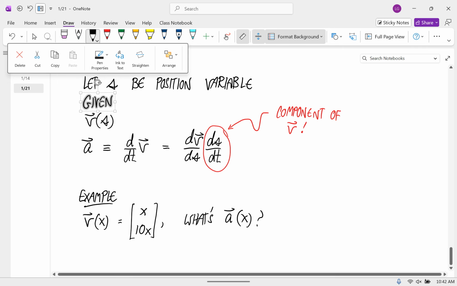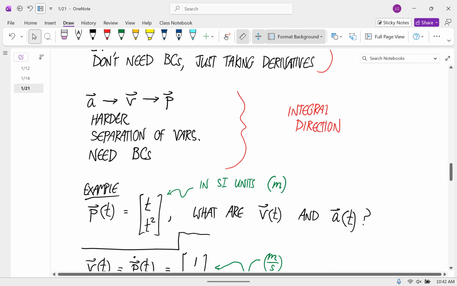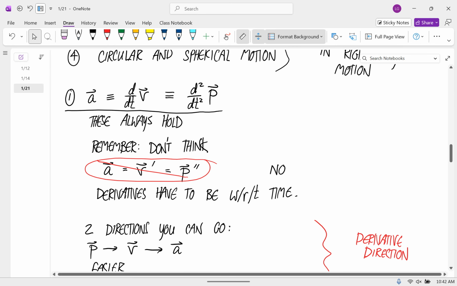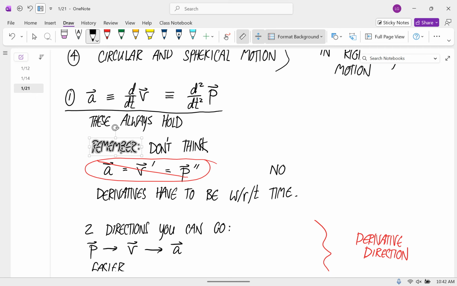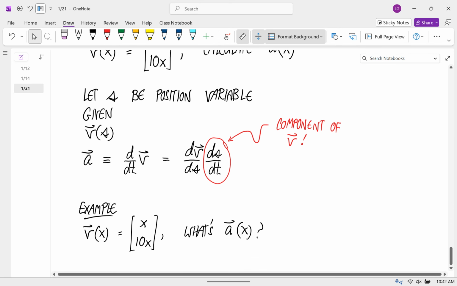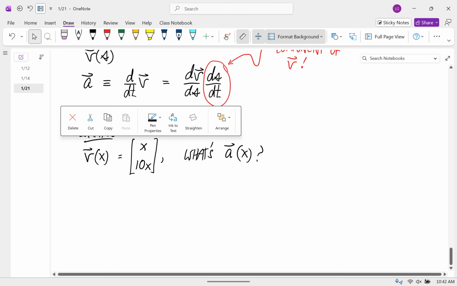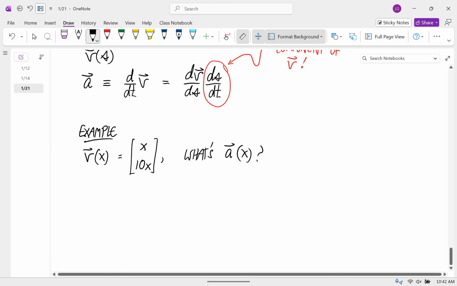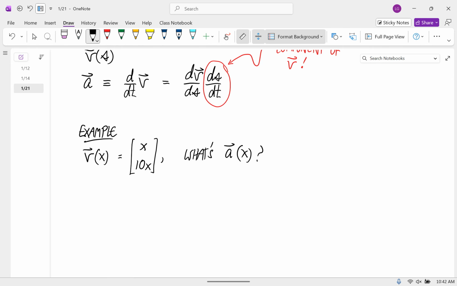So this is why I'm trying to emphasize all this stuff: don't just think of these as derivatives. They're very specifically derivatives with respect to time. The most common mistake that people will make here is to say, oh, this is easy. Acceleration is just the derivative of the velocity, and the variable I have is x, so I'm going to take my derivatives with respect to x. But that'll give you the wrong answer because it's the derivative with respect to time.